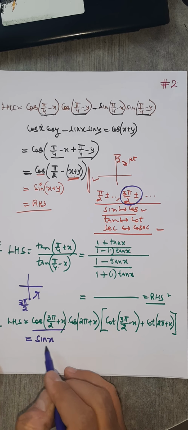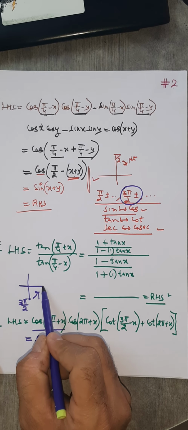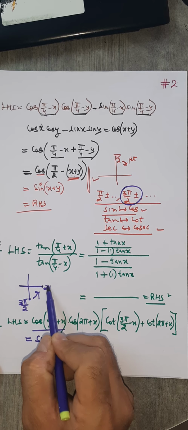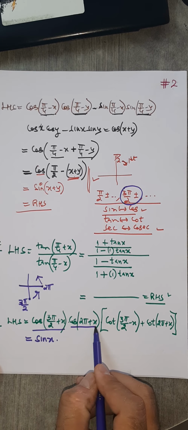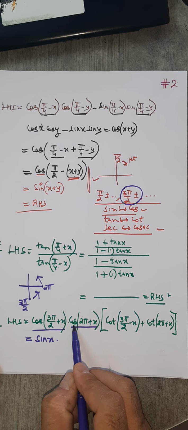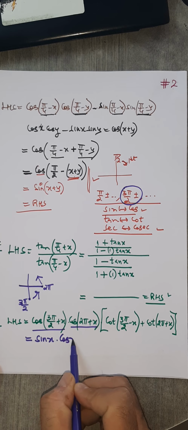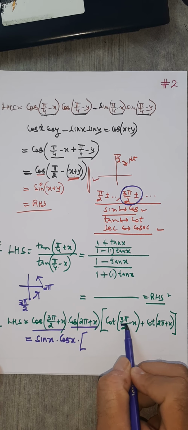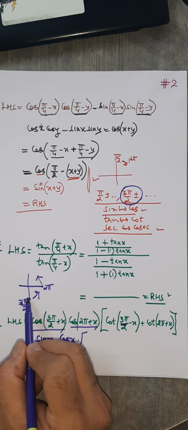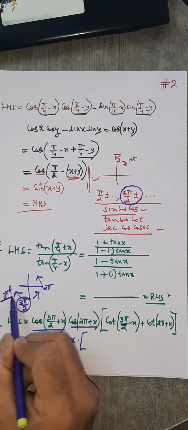Remember, from this we got this. 2 pi plus something: where is 2 pi? You know 2 pi is here. Just recall the trigonometry sessions, earlier session. Plus something, first quadrant, where all trigonometric functions are positive. And you have 2 pi, so functions remain as they are. This is cos x into, inside the bracket, 3 pi by 2 minus something. 3 pi by 2 is here, minus something means this is the third quadrant.